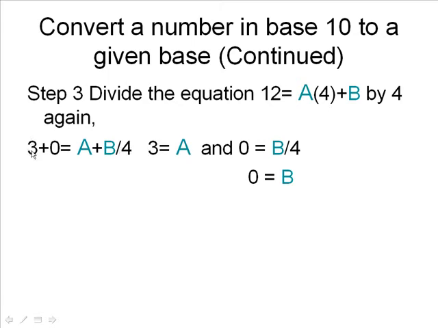So the integer on the left, 3, equals the integer on the right, A, and the fraction on the left, 0, equals the fraction on the right, B over 4. So we have B equals 0 and A equals 3.